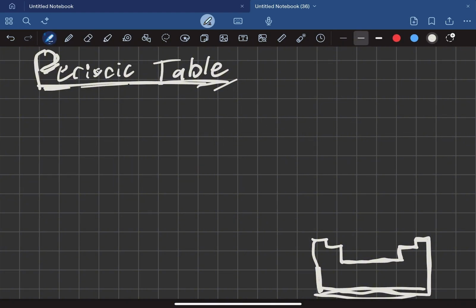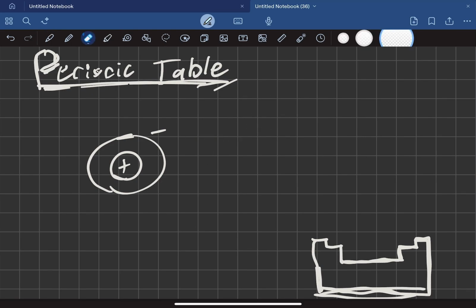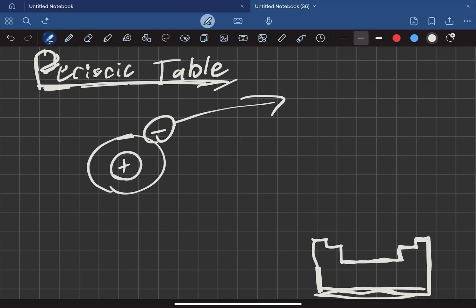If you had, say, a proton and it's got just this electron. This is a hydrogen. It could find a partner to bond with, which it does a lot. But it could also just say, I'm just going to get rid of this electron and give it to somebody. So maybe you have something that really likes electrons over here, and it's just going to yank that electron right off.